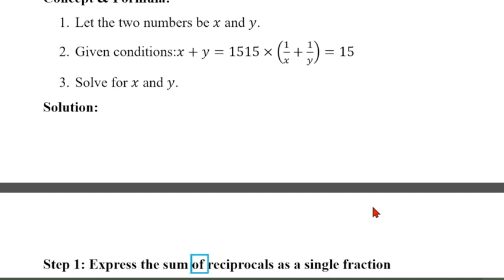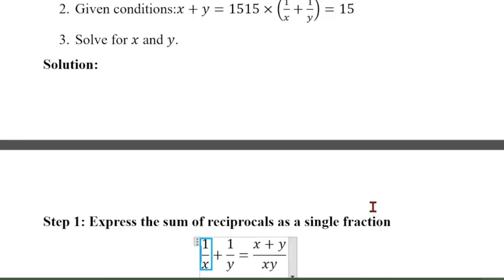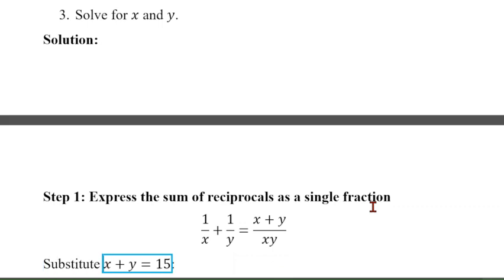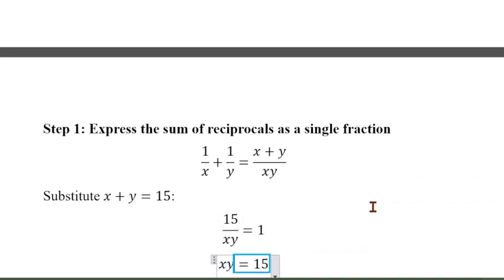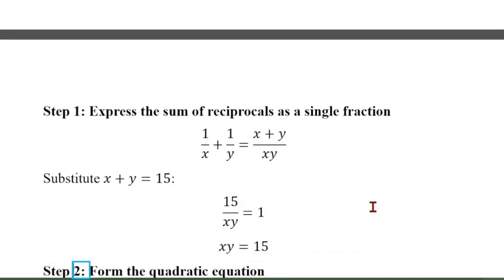Solution. Step 1. Express the sum of reciprocals as a single fraction. 1 over x plus 1 over y equals x plus y over xy. Substitute x plus y equals 15. 15 over xy equals 1, so xy equals 15. Step 2.